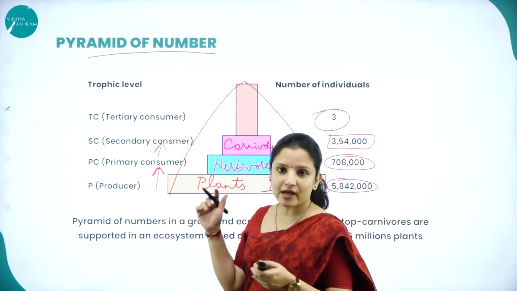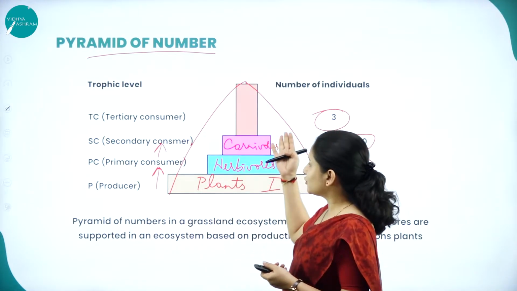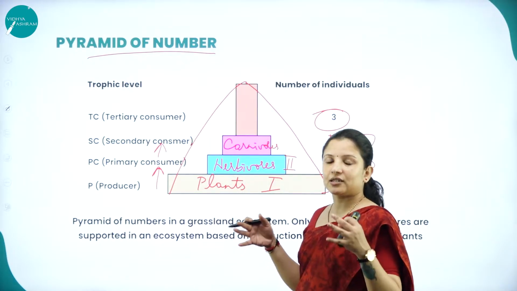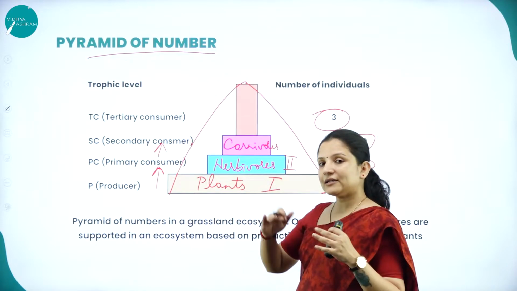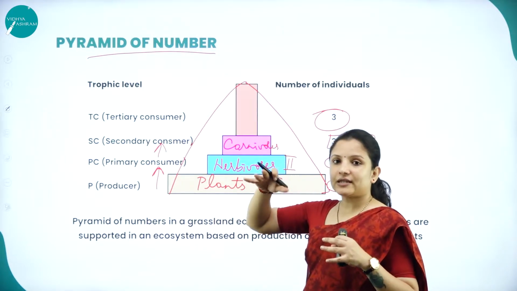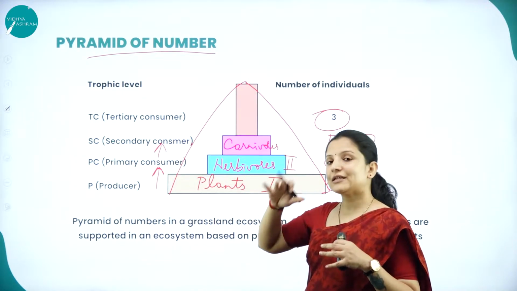So what did we understand from this? This is also an upright pyramid because the number of producers in a given area is more, and as and when the trophic level increases, the number of organisms in that particular trophic level tends to decrease.